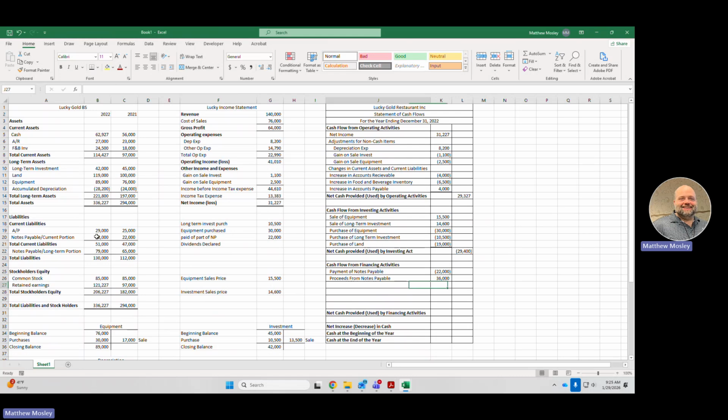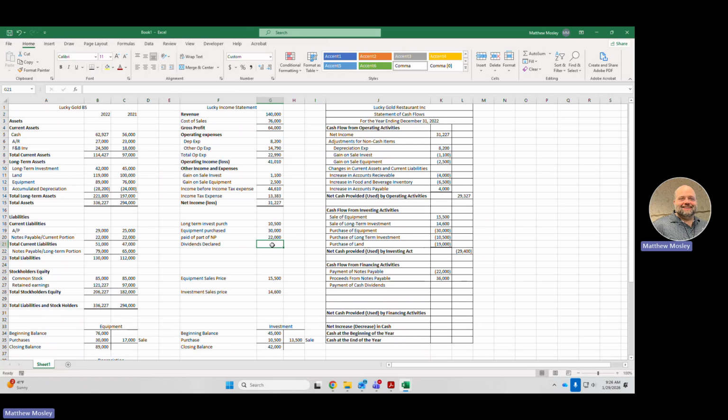Next, we have a payment of cash dividends. Well, they didn't tell us how much it was, right? It just says dividends declared. So we got to take care of it. That's in the financing activities, right?